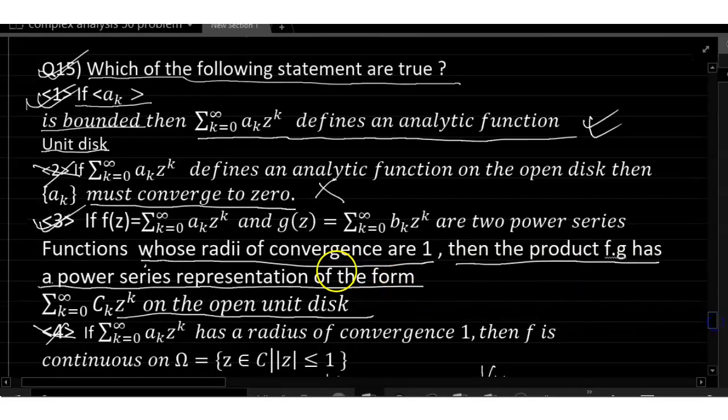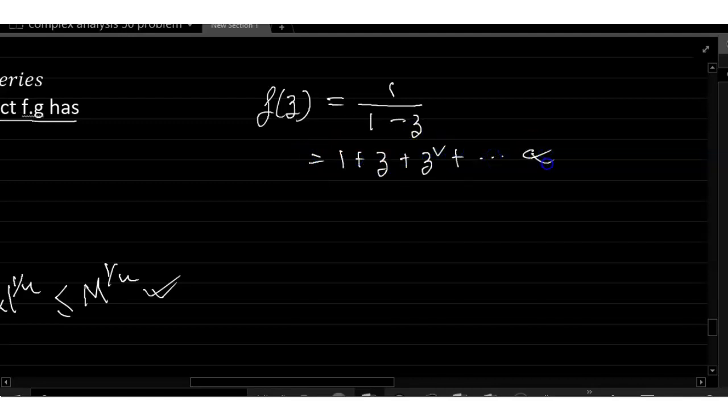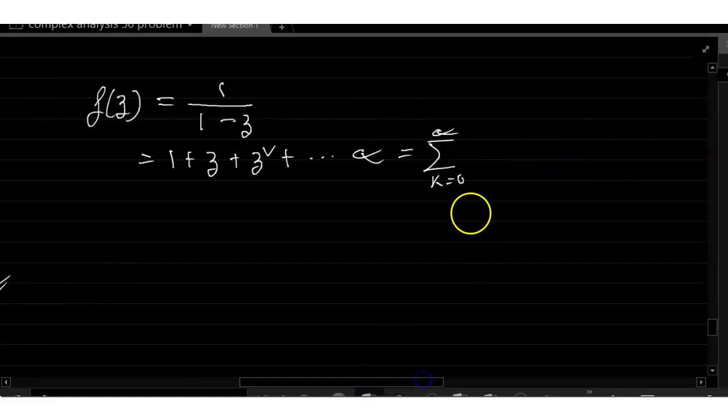Number third, whose radius of convergence is 1, then the product f dot g has a power series representation. So for this option, f of z equals 1 minus z and z squared up to infinity, the sum of ak z to the power k.